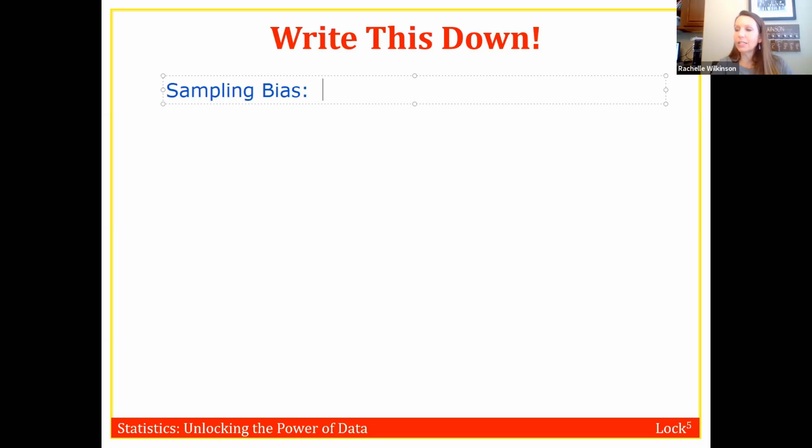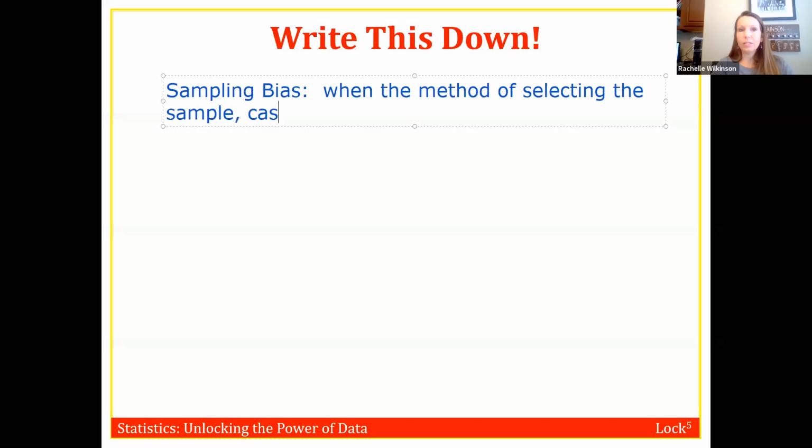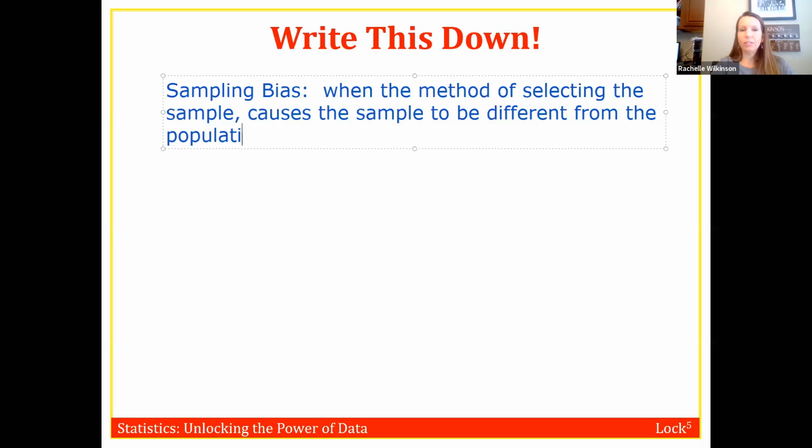Sampling bias is when the method of selecting the sample causes the sample to be different from the population.